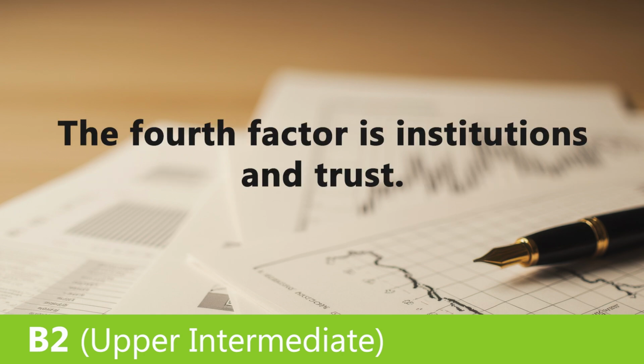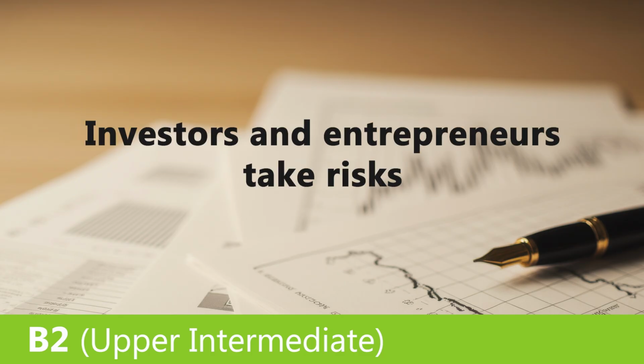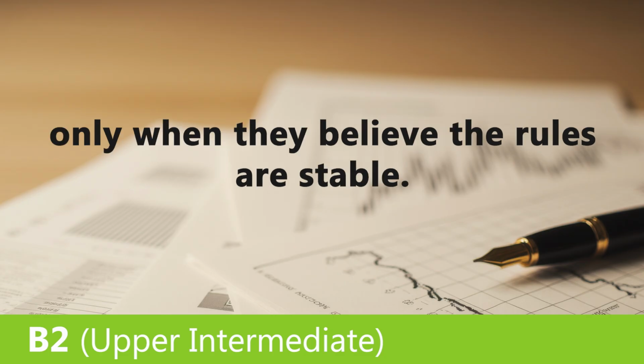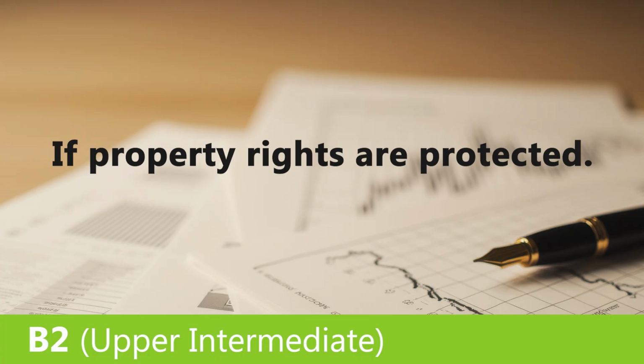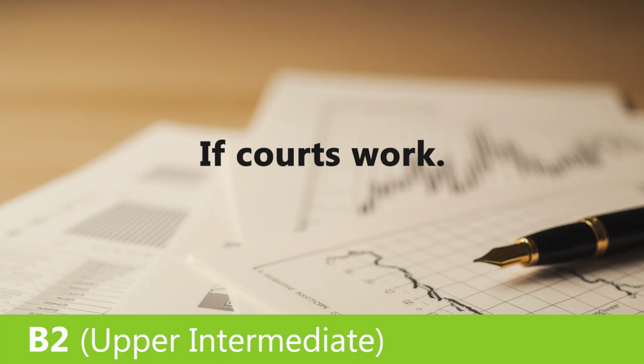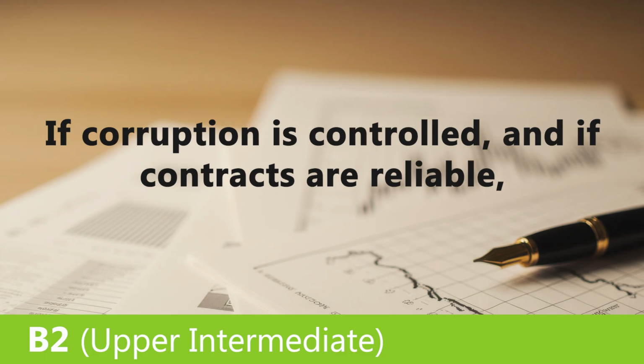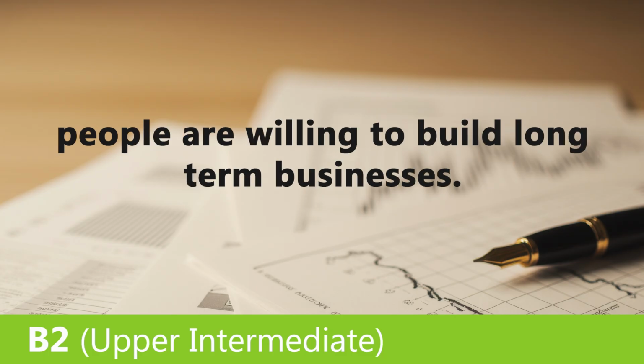The fourth factor is institutions and trust. Investors and entrepreneurs take risks only when they believe the rules are stable. If property rights are protected, if courts work, if corruption is controlled, and if contracts are reliable, people are willing to build long-term businesses.